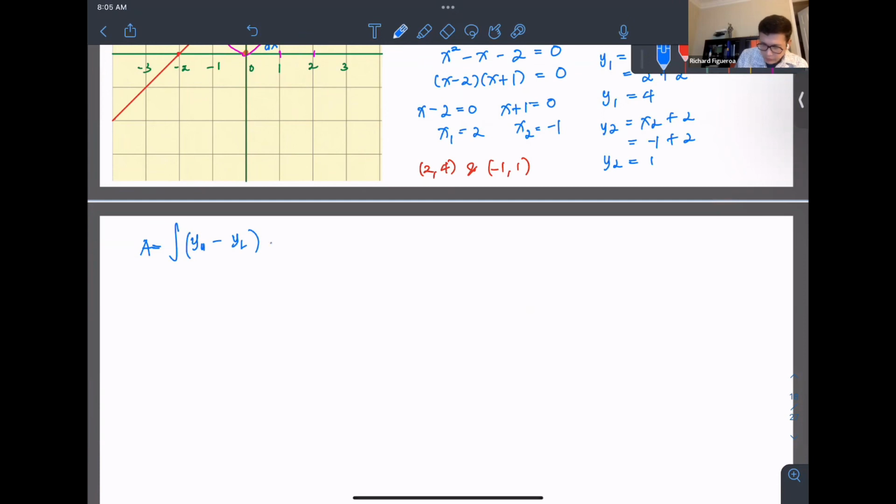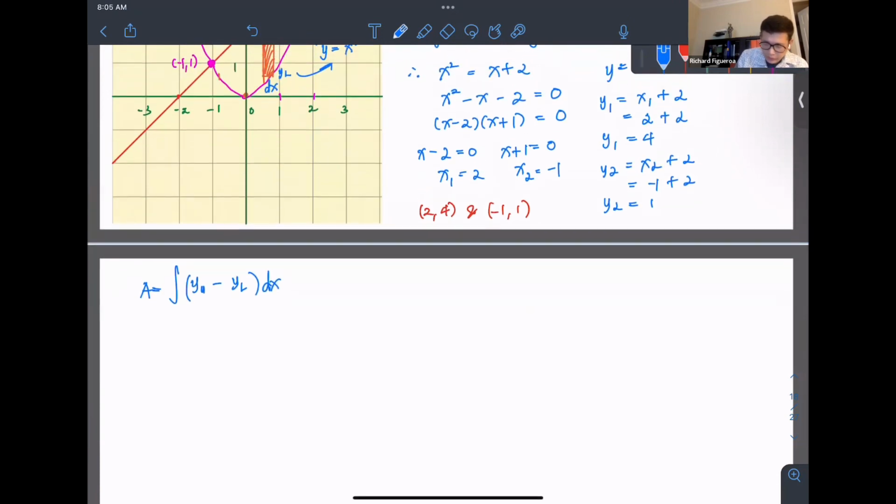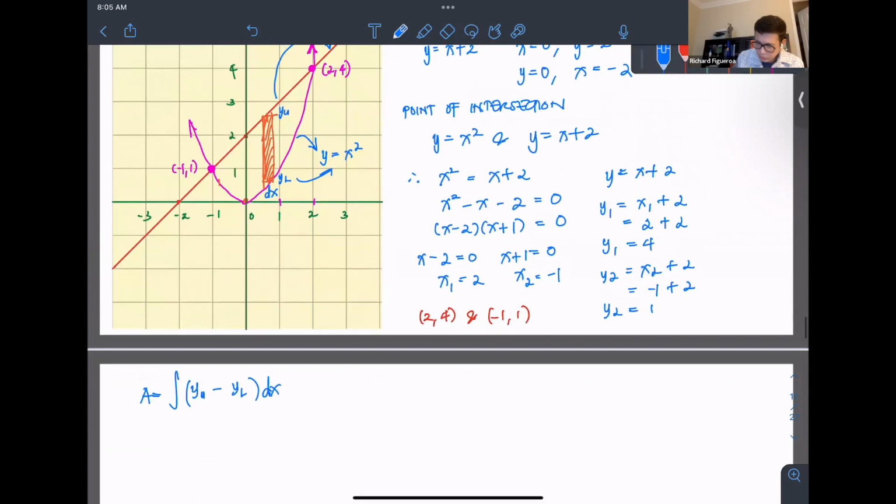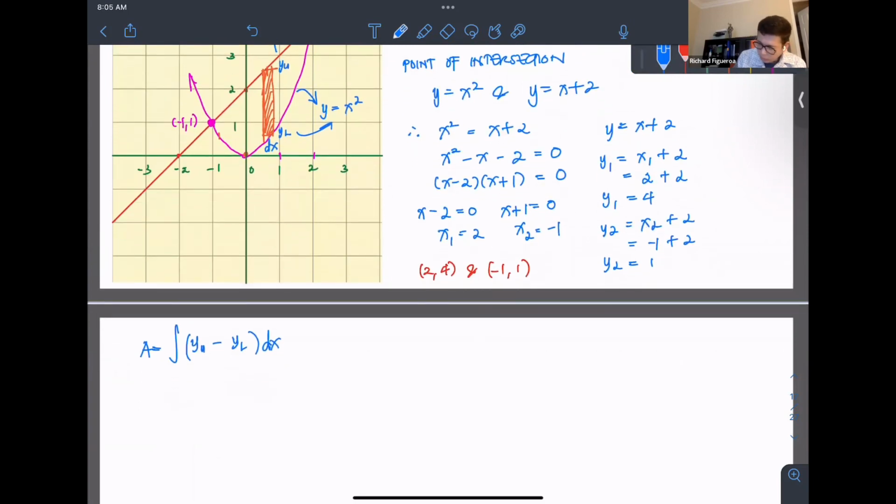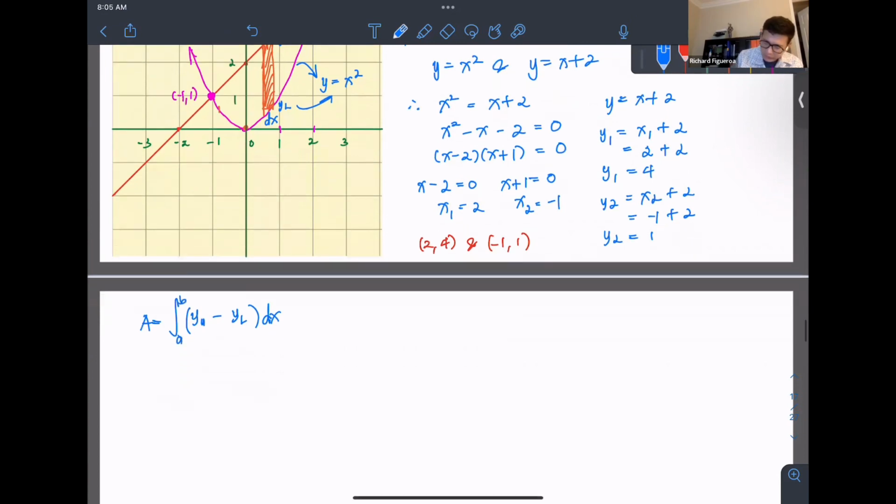Since this is a vertical strip, that will be dx, from x sub 1 to x sub 2. Or we have to take a look at the given, from a to b.